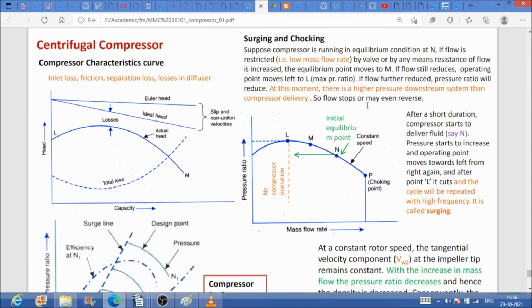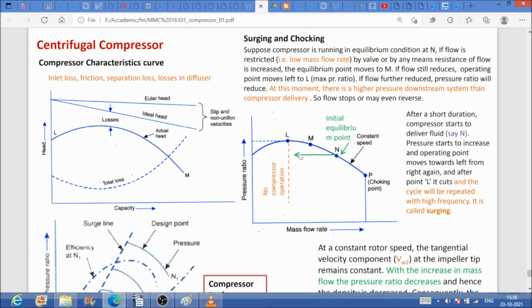Now again, when it continuously rotates at a constant speed, after some short duration of time, the compressor starts to deliver the fluid.